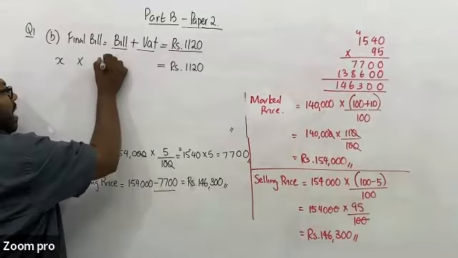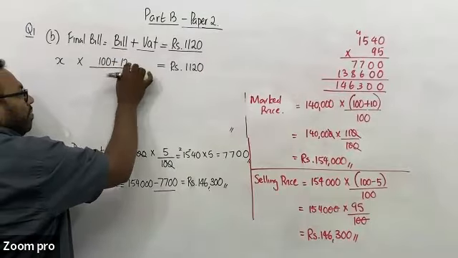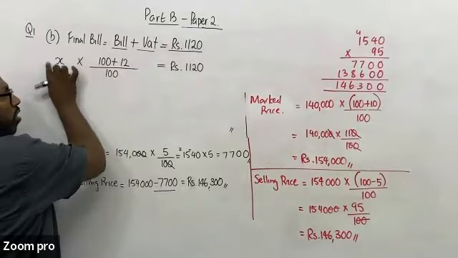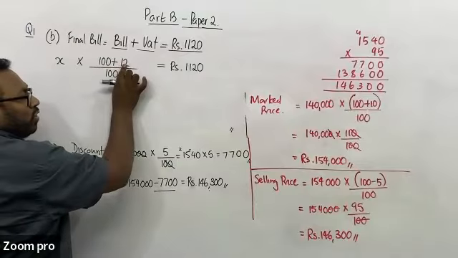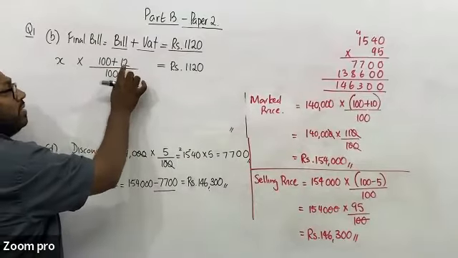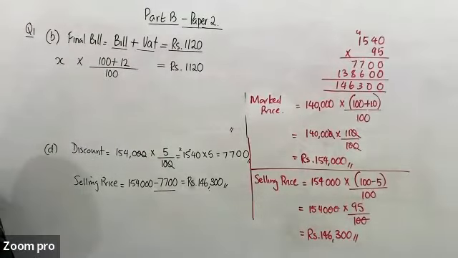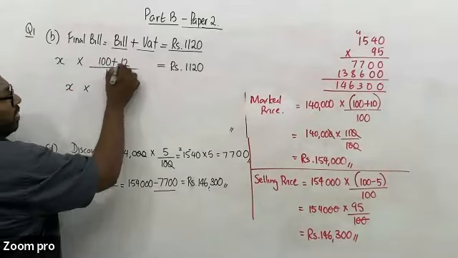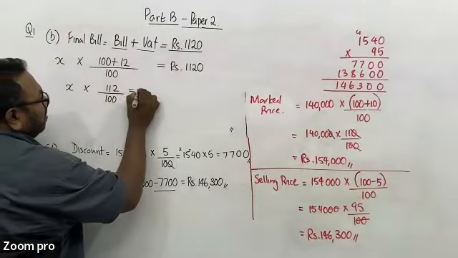So that means 100 plus your VAT percentage, which is 12%, over 100, is equal to 1,120. So X into 100 plus 12 is 112 over 100 is equal to 1,120.